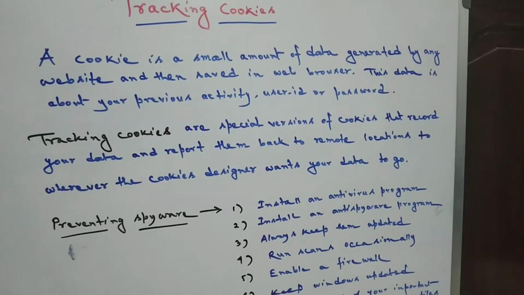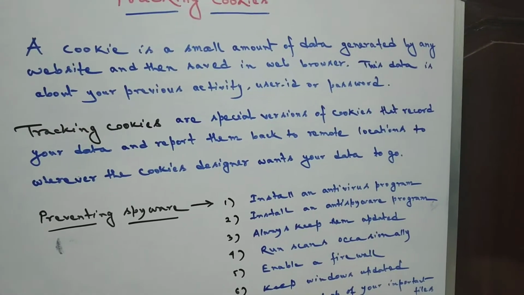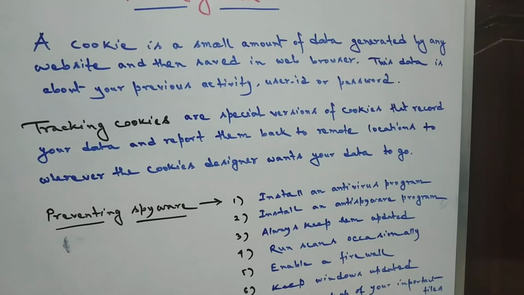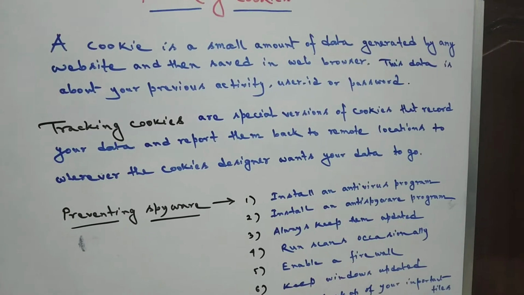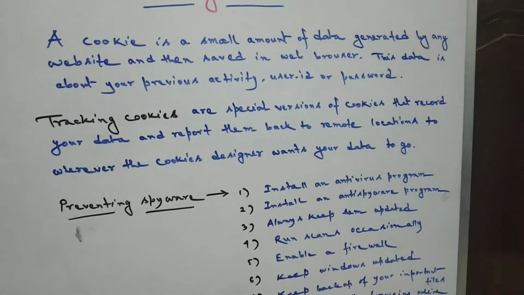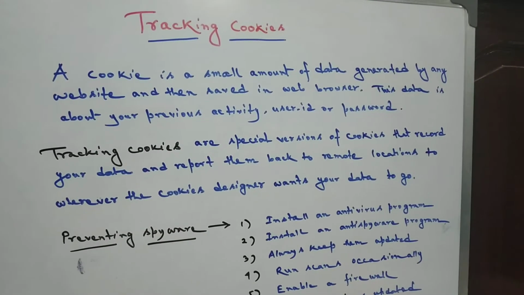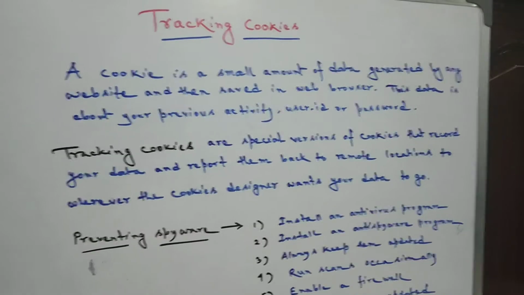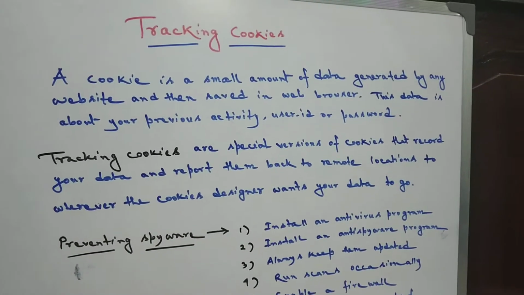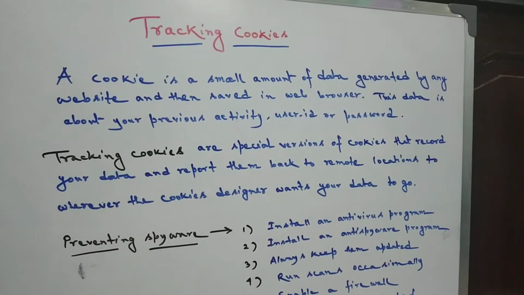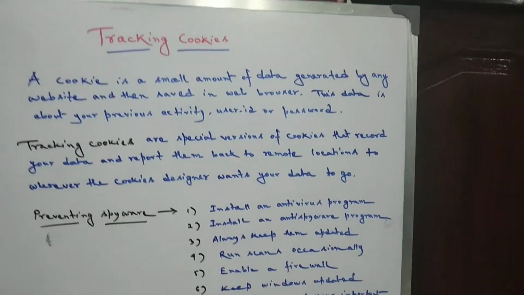So tracking cookies store information about our personal data like user ID, password, or any kind of information. This information is collected in the form of cookies, and then sent to the designer of the cookie, or reported back to the remote locations wherever the cookie's designer wants your data to go. So this is a kind of spyware.